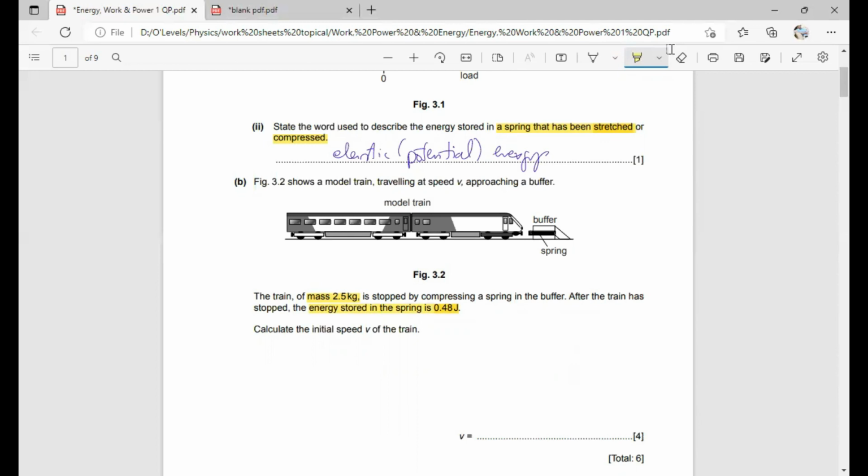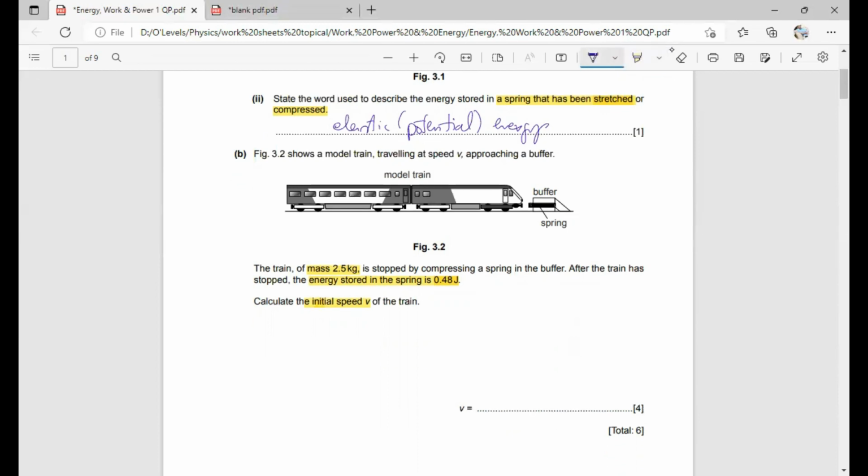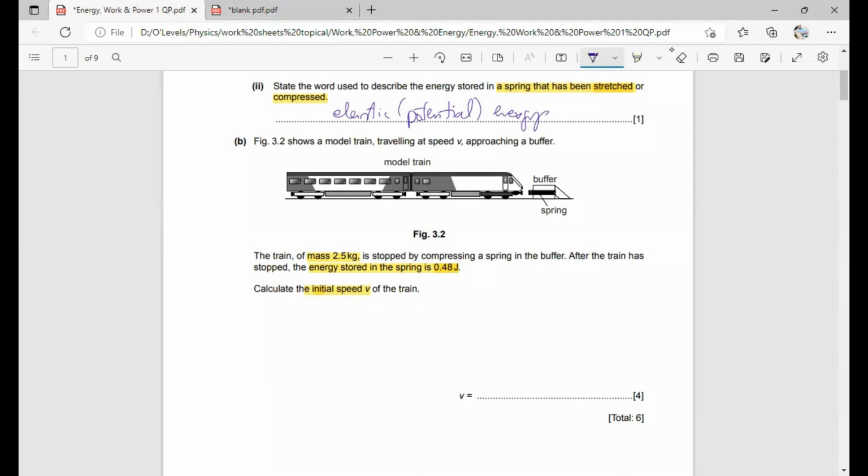Calculate the initial speed of the train. We know well about the motion energy, that is 1 upon 2 m v square.